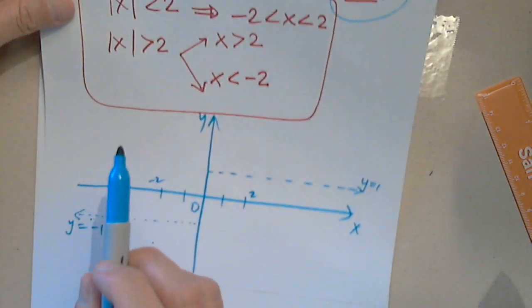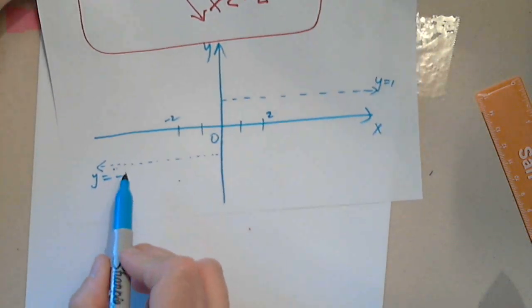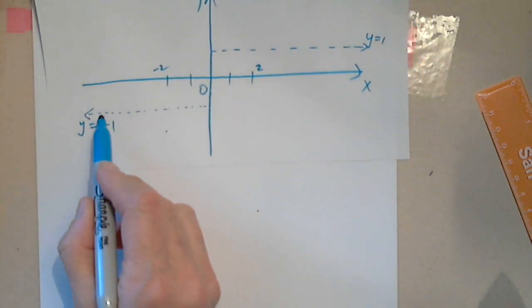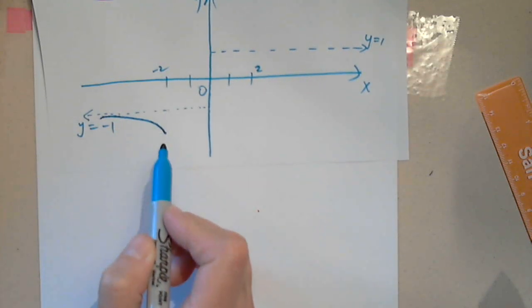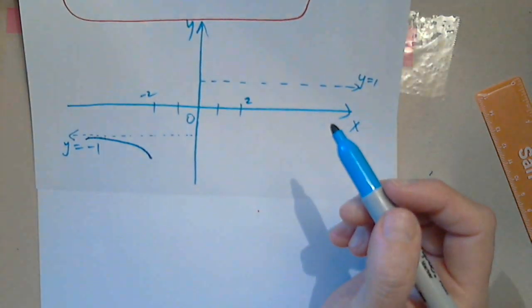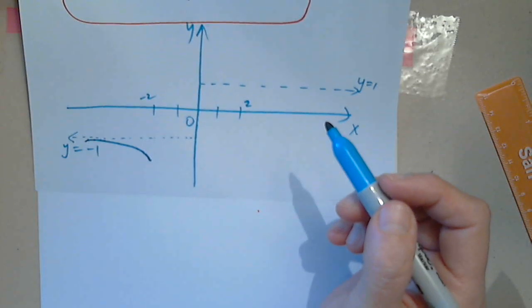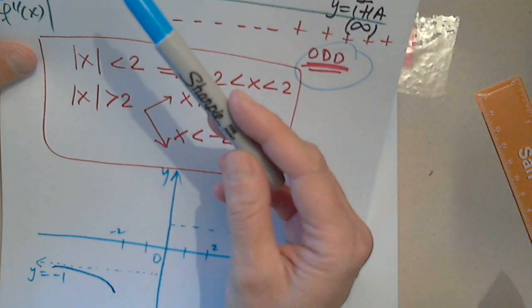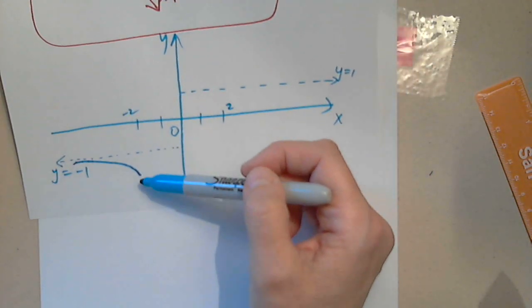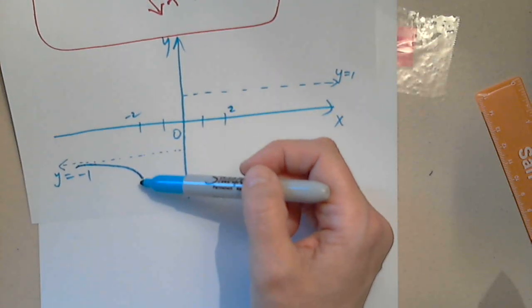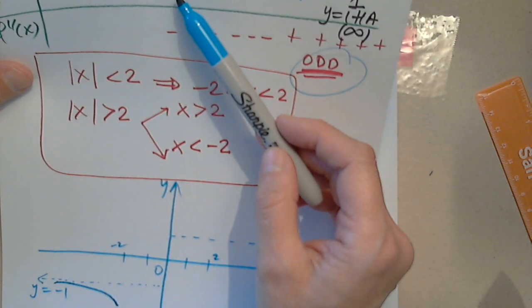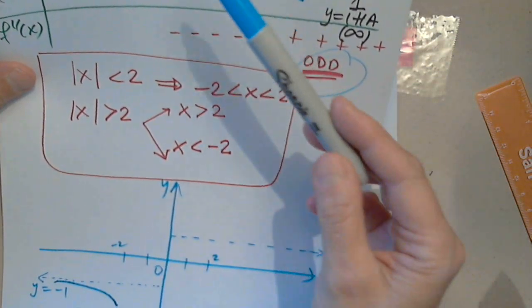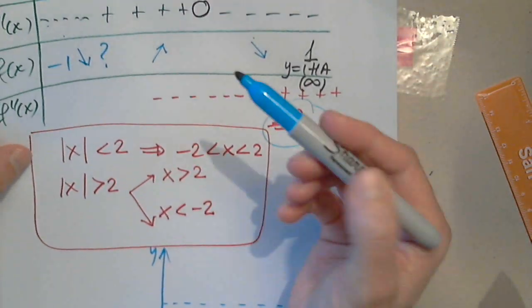So it's decreasing, but it has a horizontal asymptote, so it has to be something like this. Then here it has a minimum, and then it starts increasing between 0 and 3.